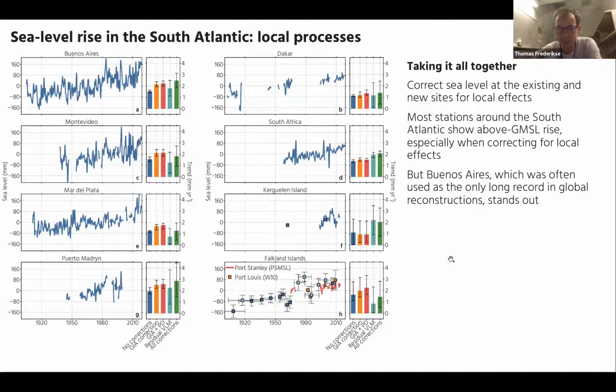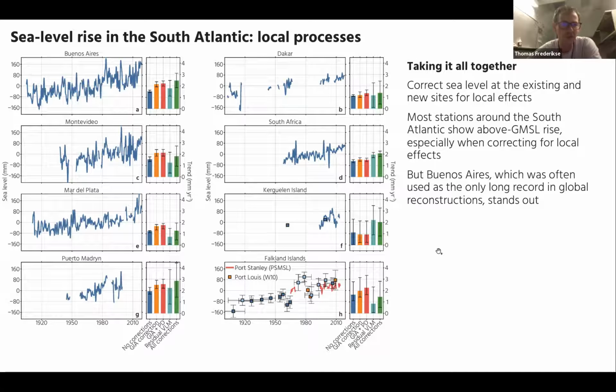And what's interesting here is that for most stations, the green bar is slightly above the global mean. Global mean, I think, from 1900 to 2010, is like 1.2 millimeters per year. So most of them are above that.